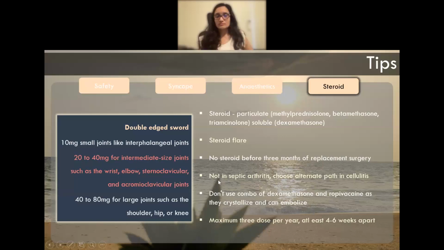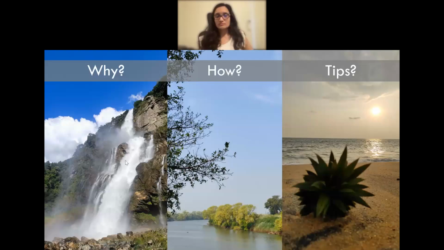And we are not supposed to inject steroids in the presence of infection. If there is a cellulitis and the procedure has to be done, we can choose an alternate path that avoids the area of cellulitis. And it is better to avoid steroids for 3 months before any knee joint replacement surgery, especially in patients with osteoarthritis.